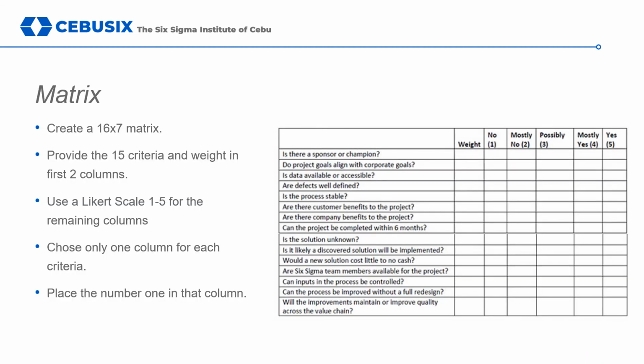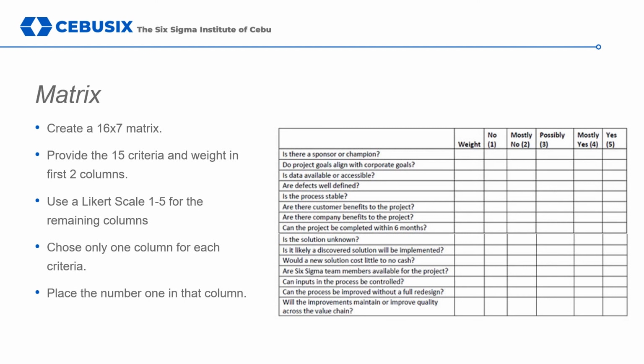To create a project viability model, we start by creating a 17 by 7 matrix. The headers will be on the first row, leaving 15 rows, one for each of the criteria, then a final row for calculating the score totals. In the first column, we will identify these 15 criteria, and in the second column, we will give each criteria a specific weight, depending on what is most important to the organization.